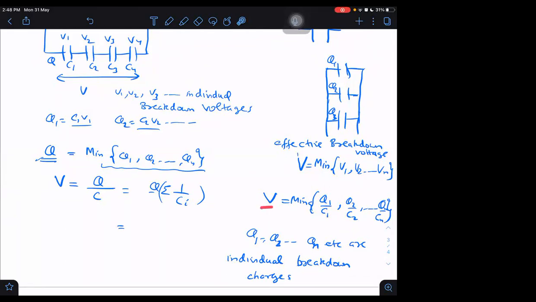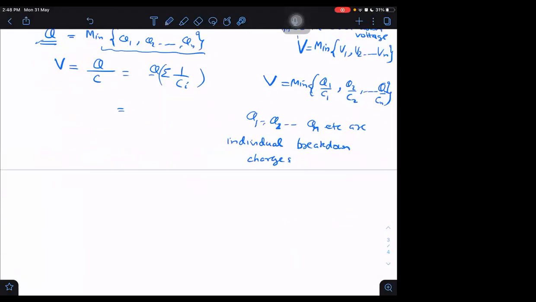Once I know the effective breakdown voltage, can you tell me what will be the effective breakdown charge in the second case? C into V, since V is equal to Q by C. So C into V is equal to Q. So it will be sigma Ci into V. That will be the effective breakdown charge.